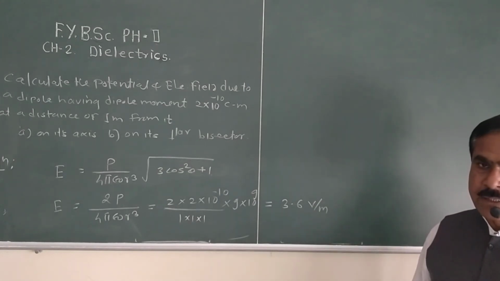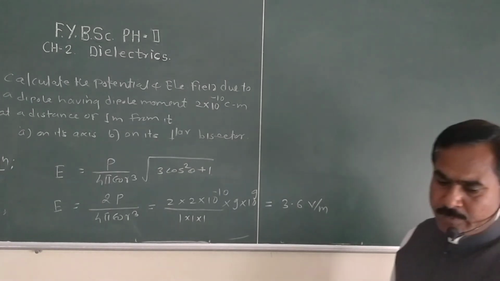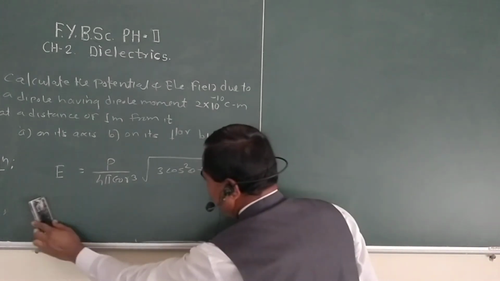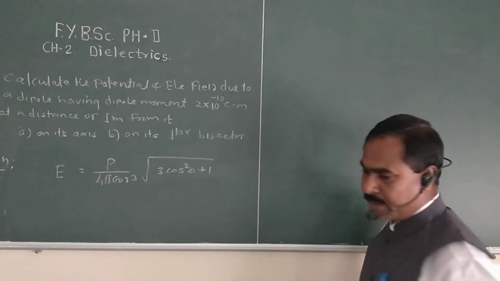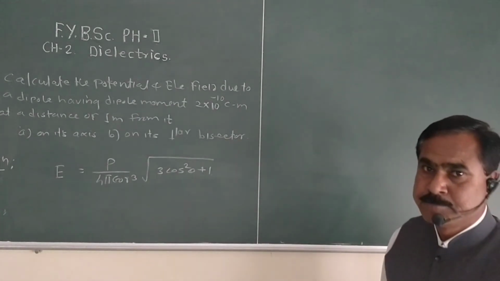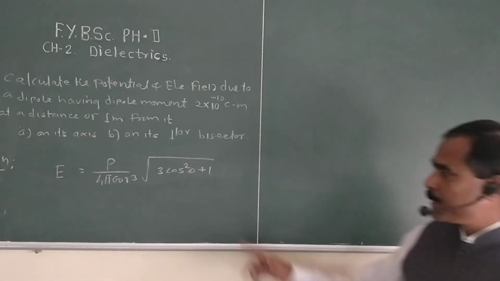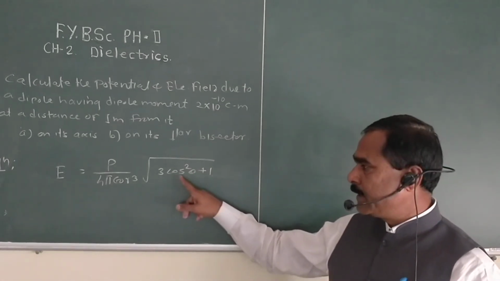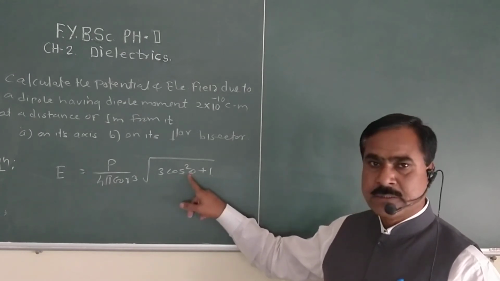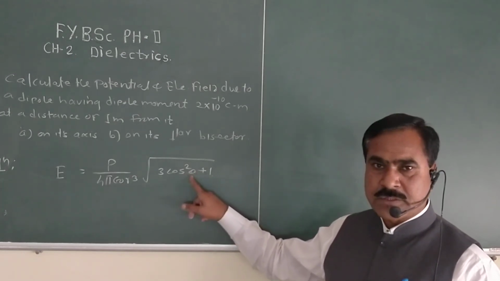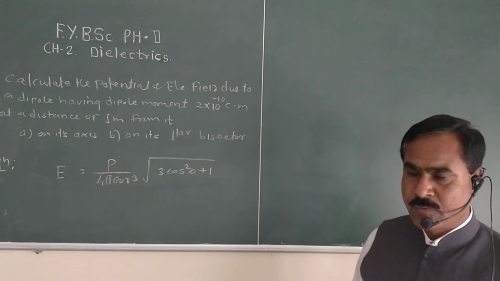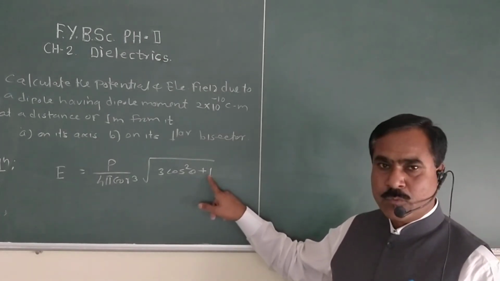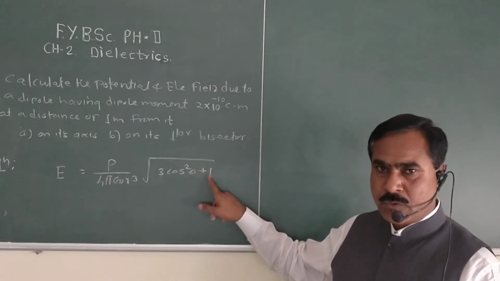Now next we consider the point on perpendicular bisector. If we consider the point on perpendicular bisector, then theta equal to 90. Okay, and when theta equal to 90, then cos 90 is 0, so we will get this total term 0, only one remains under the root.